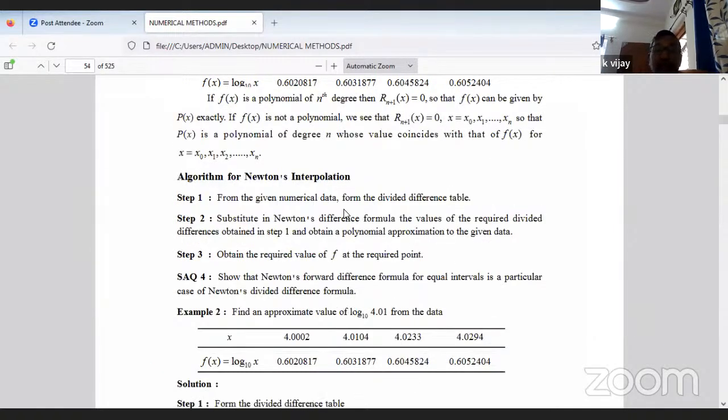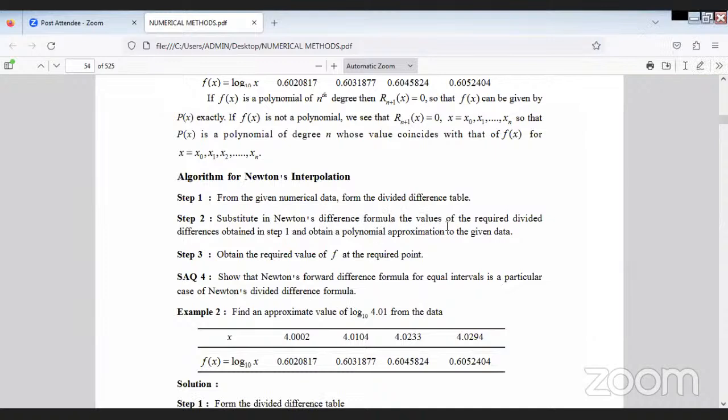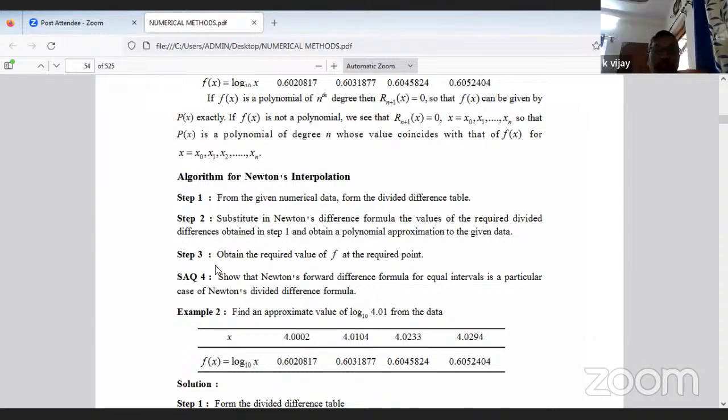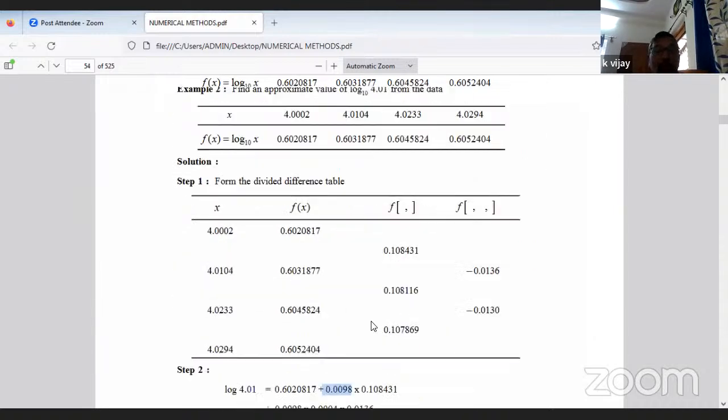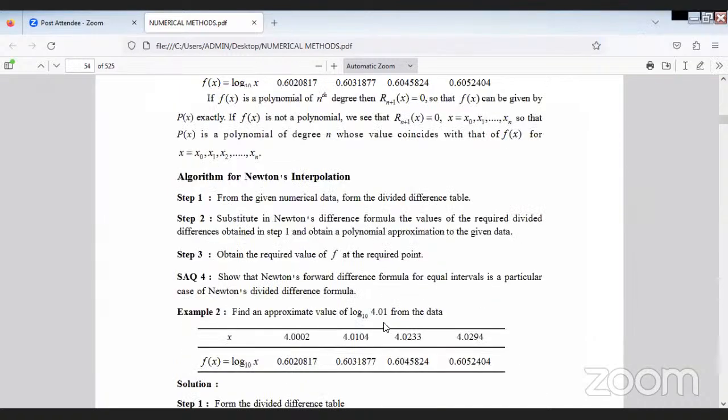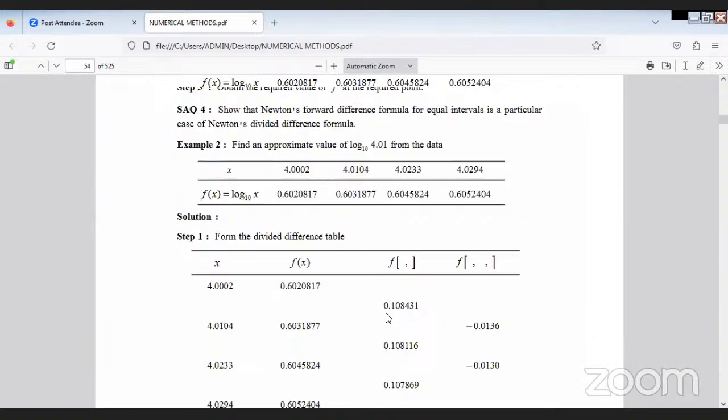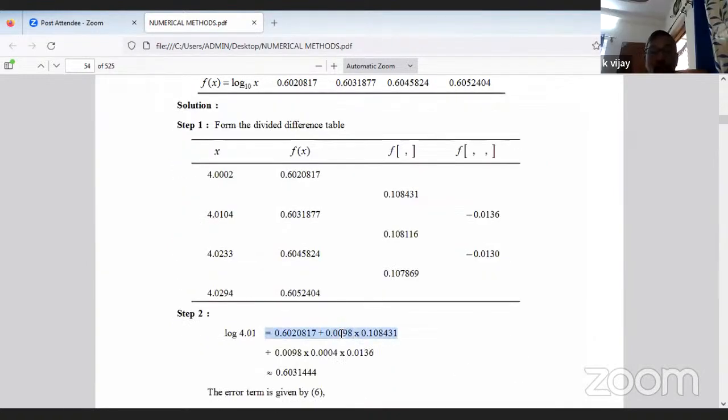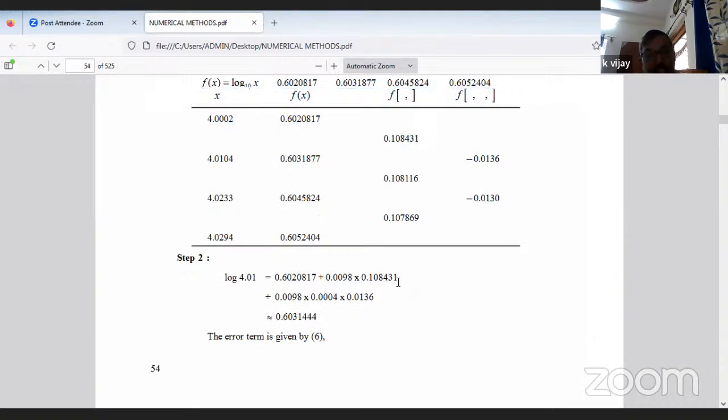See here, from the given numerical data. Substitute in the Newton difference formula the required differences obtained in step 1 to get the polynomial approximation of the given data. He asked to apply the Newton difference formula at the required point, log 10 of 4.01. Applying 4.01 gives the value 0.0098.